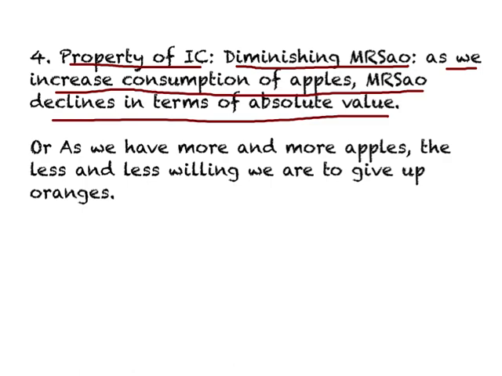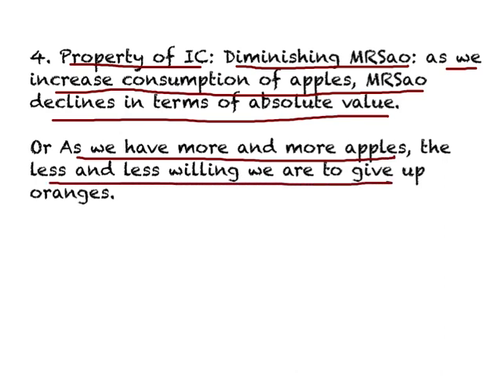Or in other words, as we have more and more apples, the less and less willing we are to give up oranges. This property is called diminishing marginal rate of substitution. Why does this happen? You should think about it, or maybe read it in the textbook. It's an important question, a fact of life.